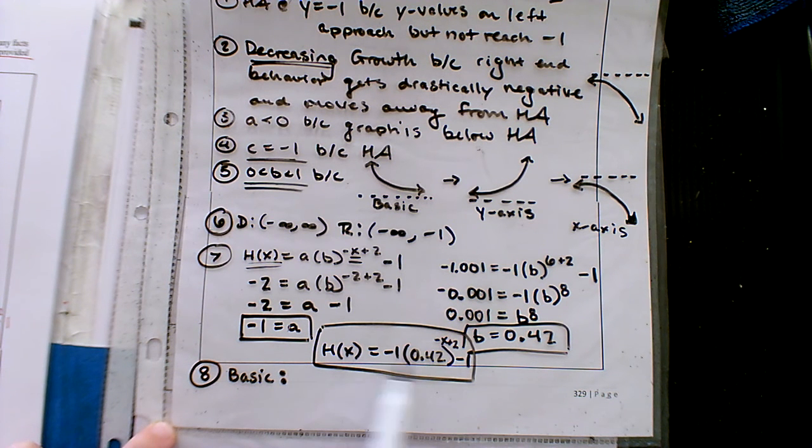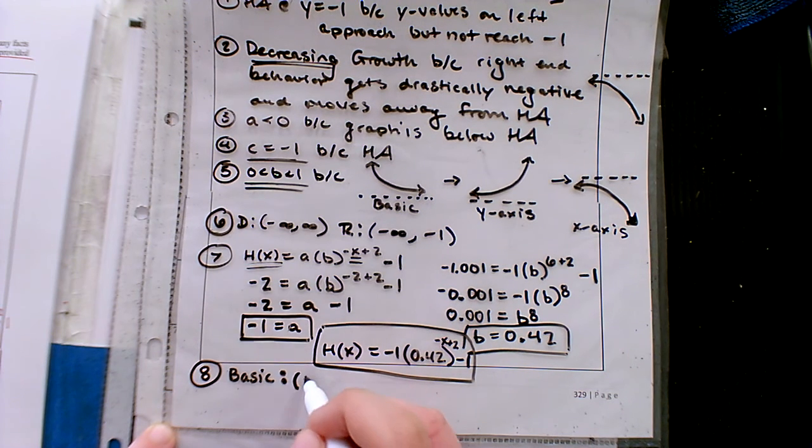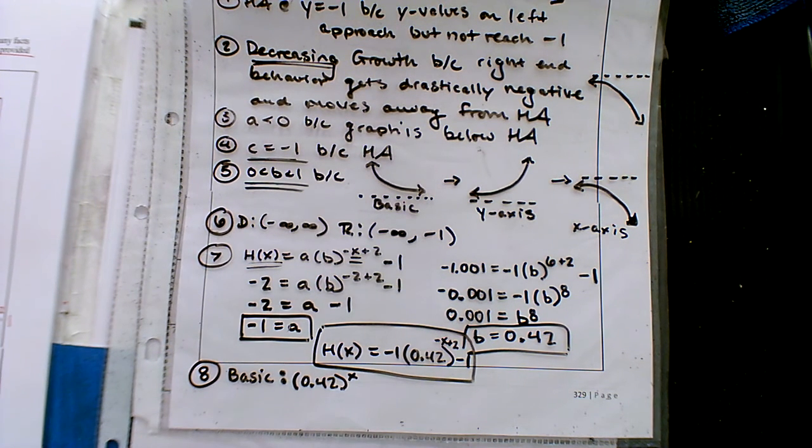What's the basic? If this is the whole equation, what did we initially start with? 0.42 to the x. Okay, just the base to a power. So everything else in there besides the base is some type of change. Can we list those?